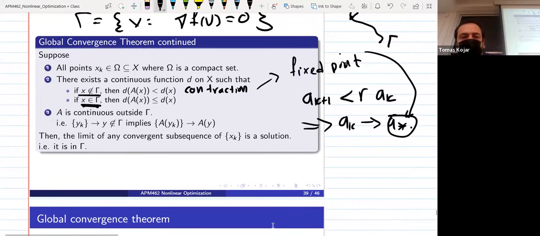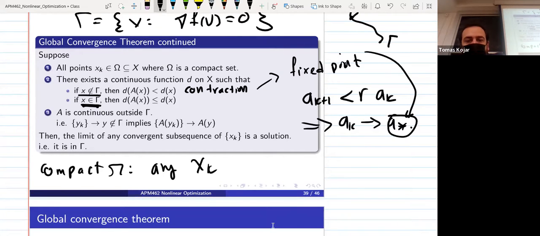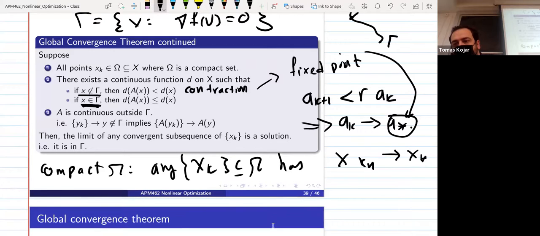Yeah, okay. So here we're going to use compactness. If you remember, let me say it again. A compact set omega: any sequence xk in omega has a subsequence xkn going to x star.